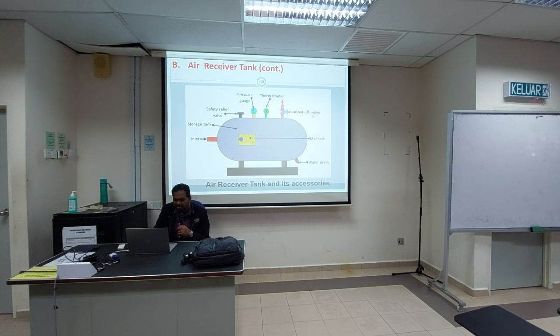Then you have a valve, usually to either release or admit the compressed air. Okay, there is a safety relief valve. If the tank can only maintain 100 bars and suddenly your supply is more than that, the safety relief valve will release.